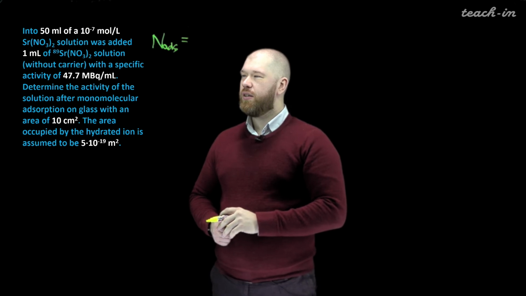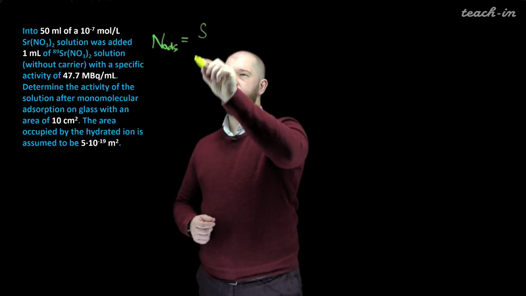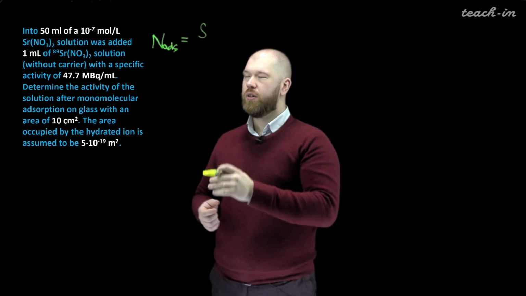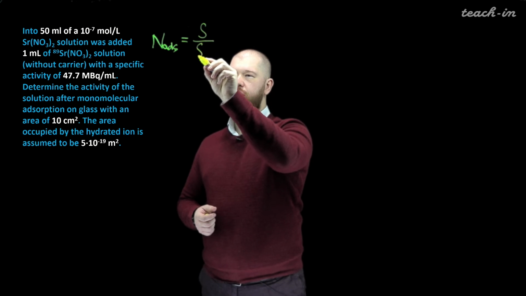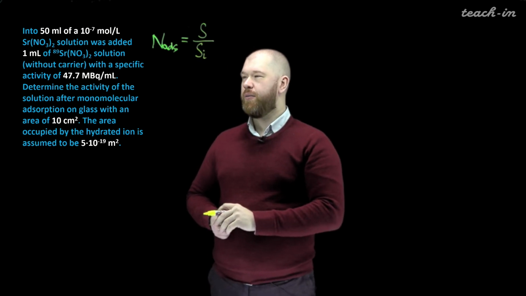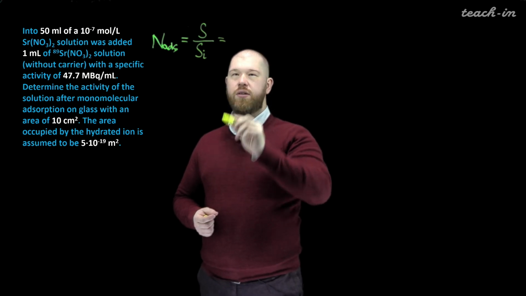In this case, it will be equal to the surface of our glass divided by the surface of one ion. And we can calculate it quite easily.